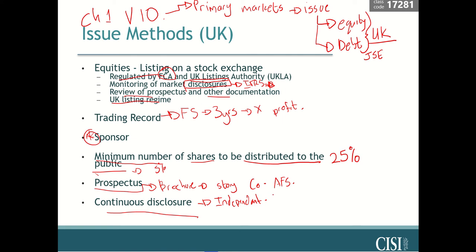They need to produce half-year and full-year financial statements within a certain time frame. They must notify the market of price-sensitive information, and they need to comply with the IFRS rules and regulations and standards.